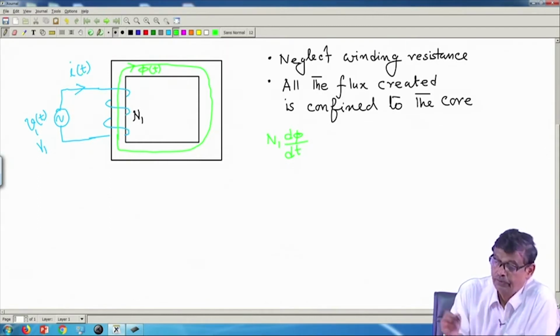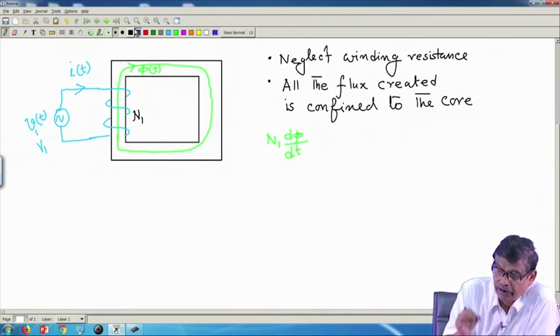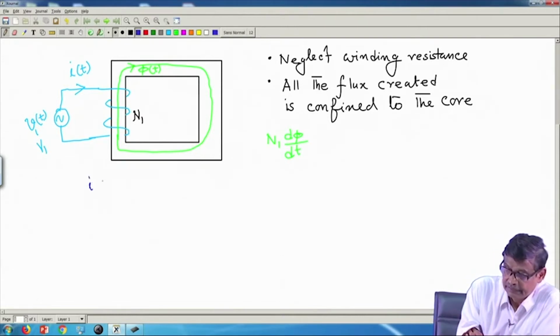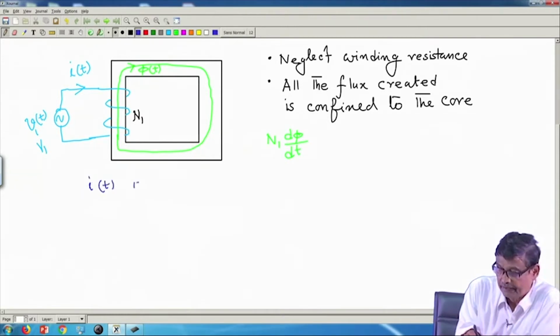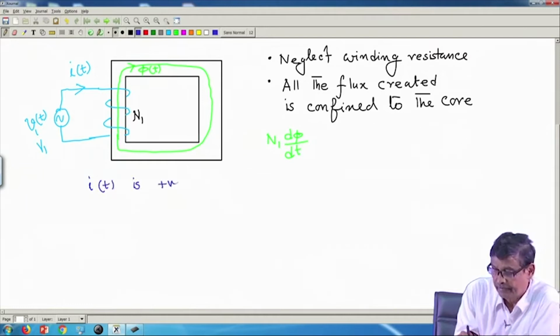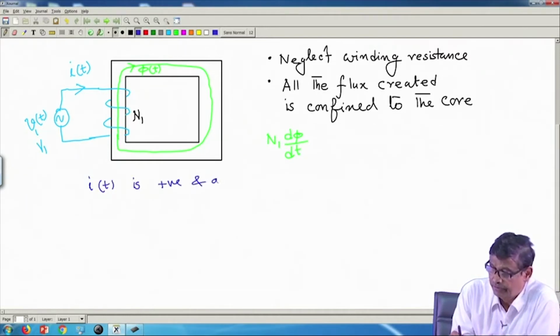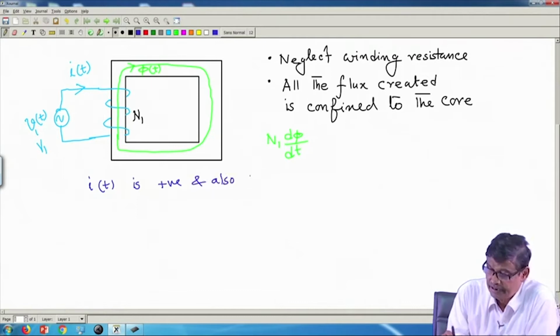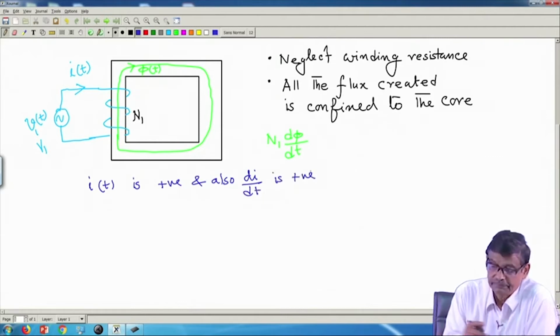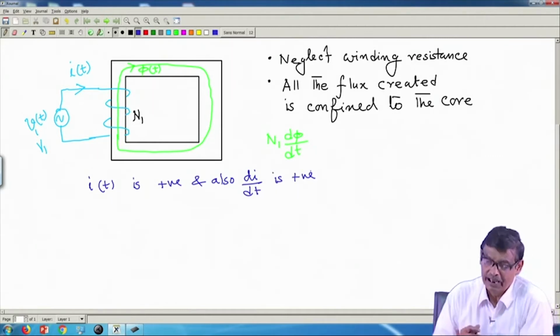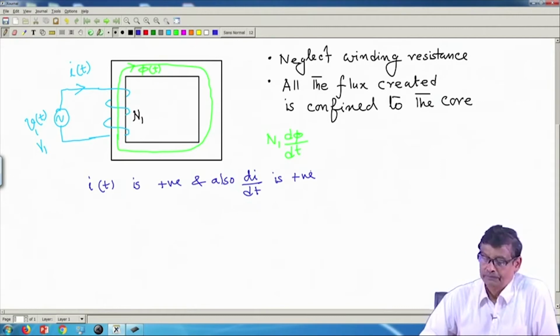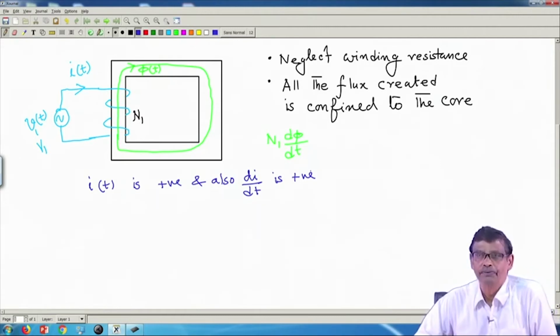So, i(t) is positive, and also di/dt is positive. That is, current is increasing and also having a positive slope.